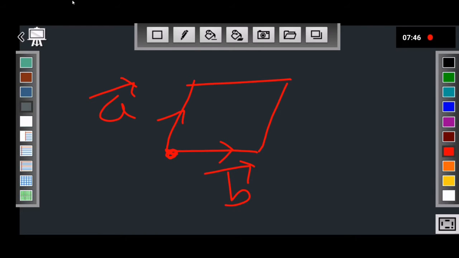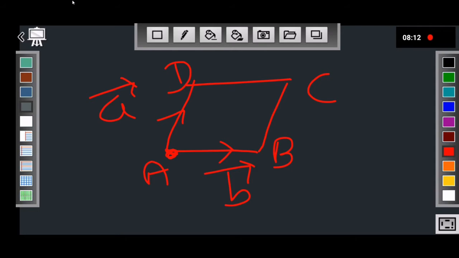Say ABCD is the parallelogram. A vector is represented in magnitude and direction by side AD, and B vector is represented by side AB.